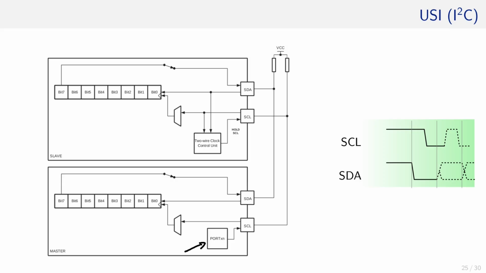In the Atmega 328P, it was simply achieved by writing a few bits into the control register, and the Atmega generates a start condition automatically. Here, this is not the case. First, we have to make sure that the MSB of the USIDR is toggled to 0.